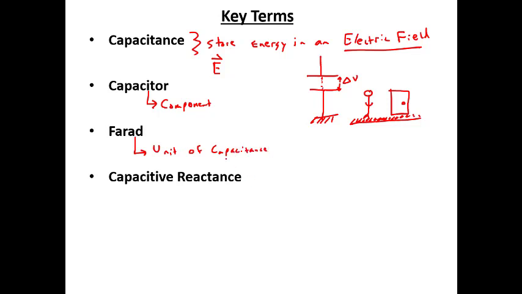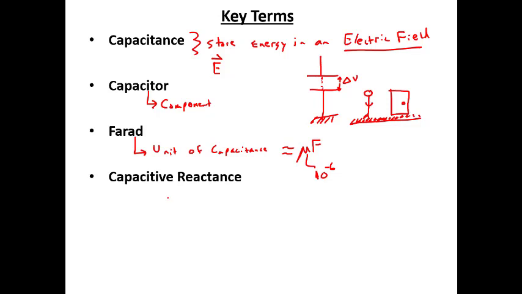Just like a resistor has a certain resistance, a capacitor is going to have a set capacitance. Most of the time, the capacitance that we'll be dealing with will be in the microfarads range, so that's micro, 10 to the negative 6.